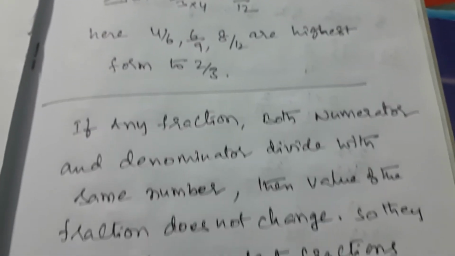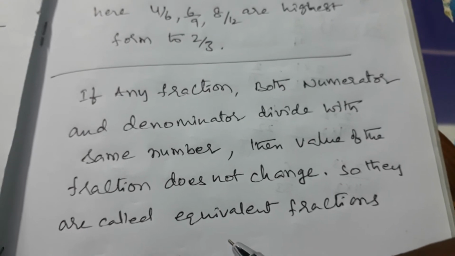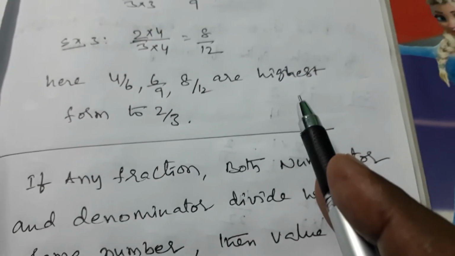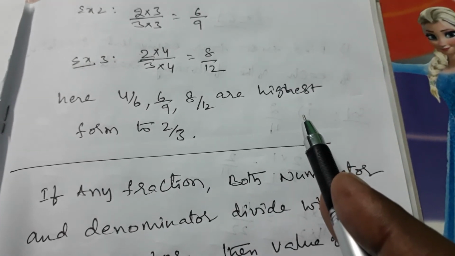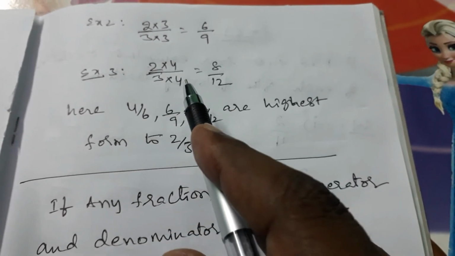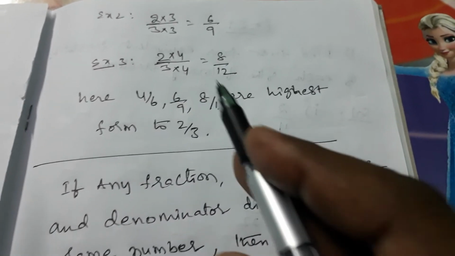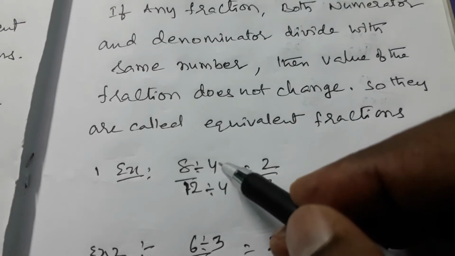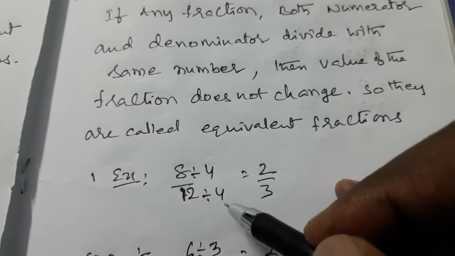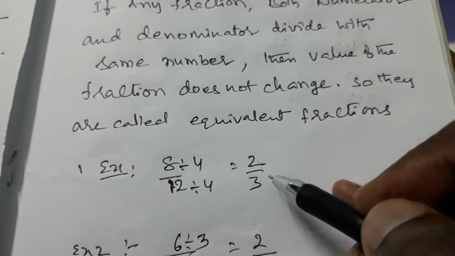Similarly, we can also write the lowest form. When we get the higher form, the numerator and denominator are multiplied with the same number. Similarly, if the numerator and denominator are divided by the same number, you will get the lowest form.